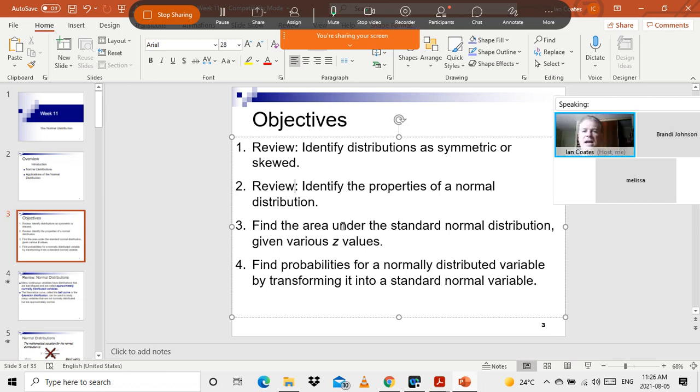We're going to identify the properties of a normal distribution, and there are two that are common to all of them. And by the end of today, you'll be able to actually compare apples and oranges. Wow. Didn't think you could, eh? Number 3 here, we're going to find the area under the standard normal distribution using something called a z-score.